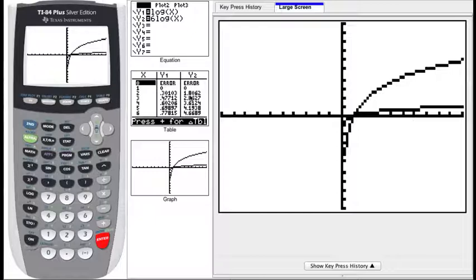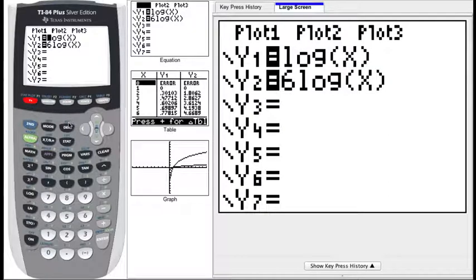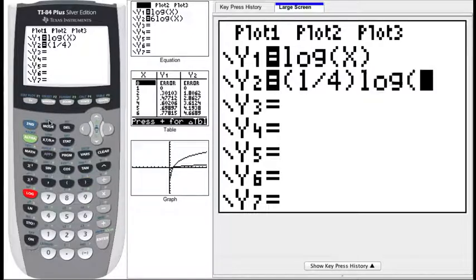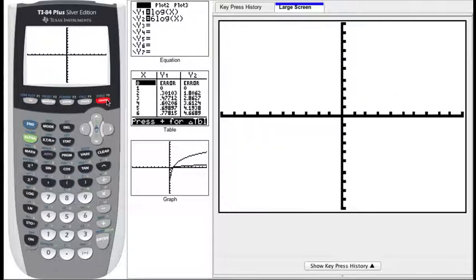Now if instead we put some number in front, like say 1/4, so if we wanted to come down here and insert a 1/4 instead, we're going to multiply by a 4th. We should anticipate that it's going to compress it vertically. So the log of x, we're multiplying by a 4th, and you can see what happens. There's the graph. It's really hard to see, but you can kind of see the line coming up there.